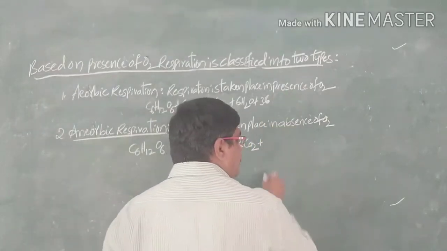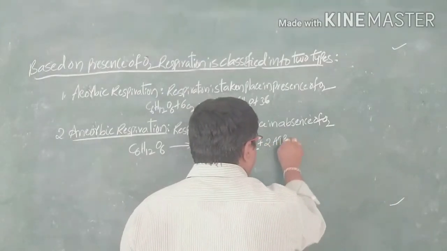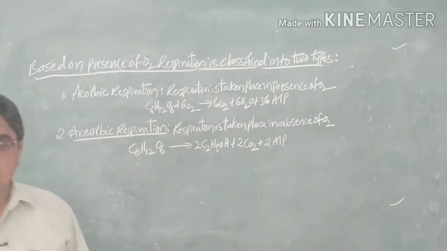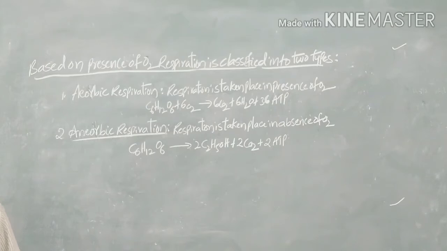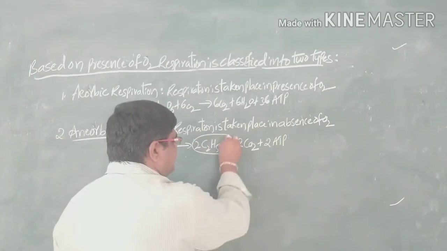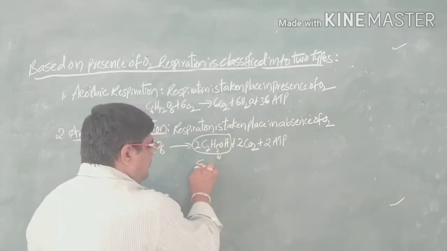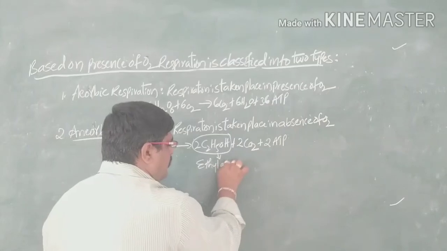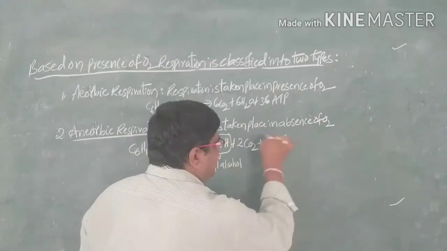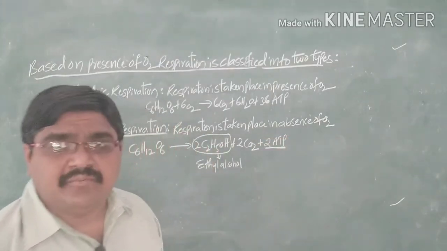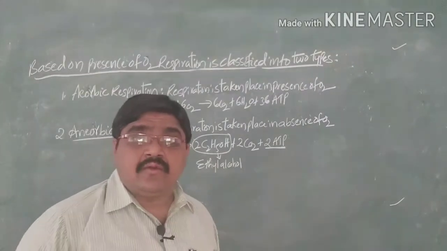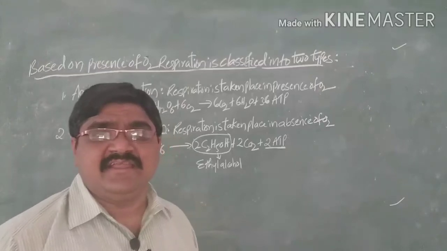When it is oxidized in the absence of oxygen, we produce ethyl alcohol. Ethyl alcohol plus carbon dioxide plus 2 ATP molecules are produced. This type of process we call anaerobic respiration, where it takes place in the absence of oxygen.